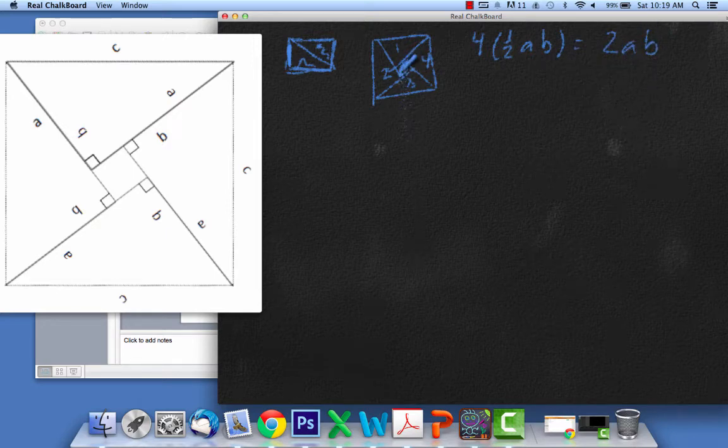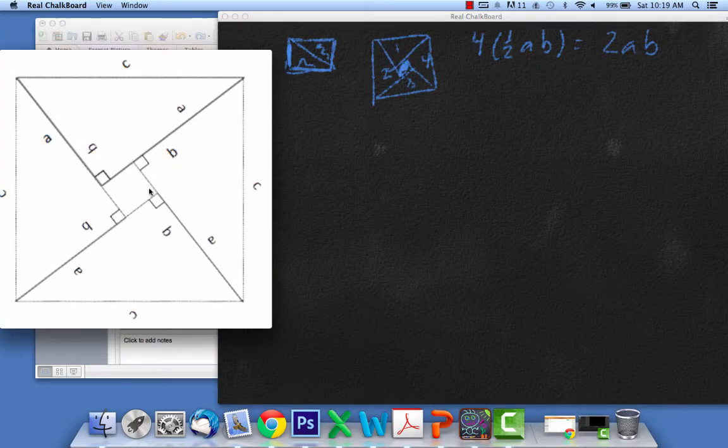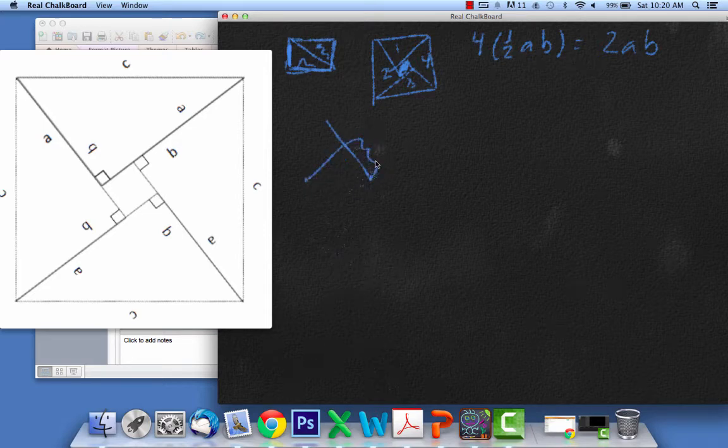Now, this little square in the center, if you look at this piece, this is A minus B, okay? Because we have A on this side, B, this part's B, and we're left with this part. So A minus B. So that little bit in there is A minus B squared.